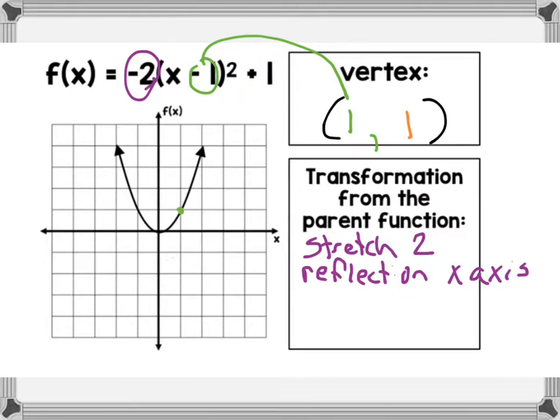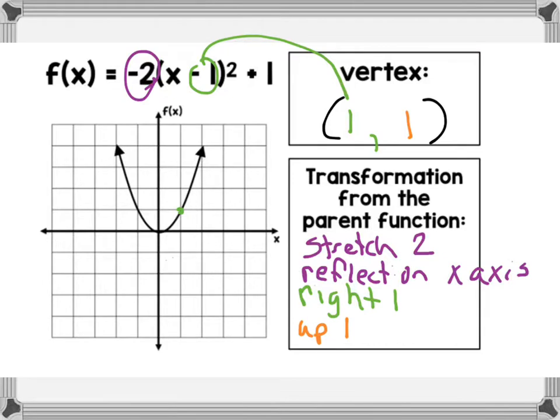So this means that I went right 1 and up 1. So I'm going to start at that 1, 1 spot. And since I have a reflection across the x-axis, that means I'm going down. And since I have a stretch, that means I'm doubling every move.